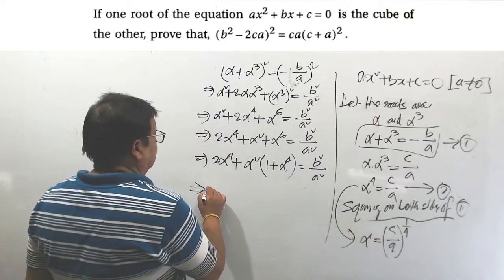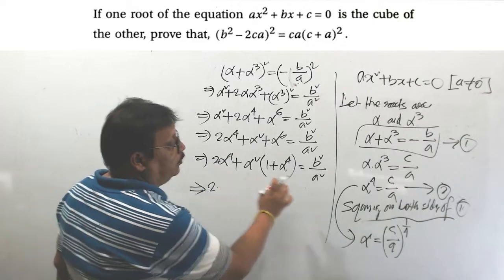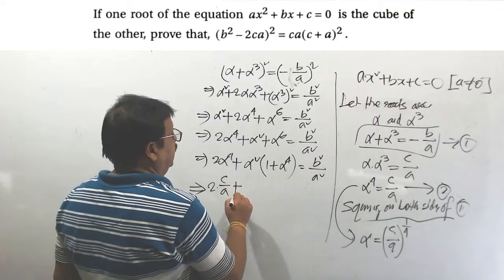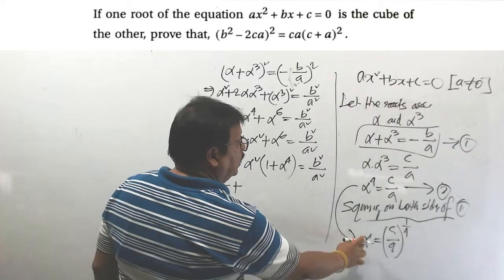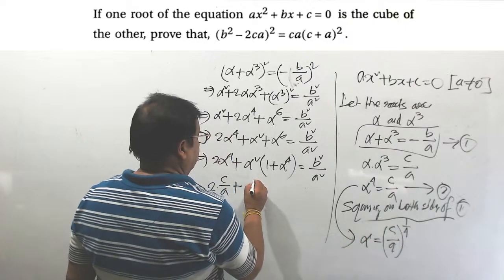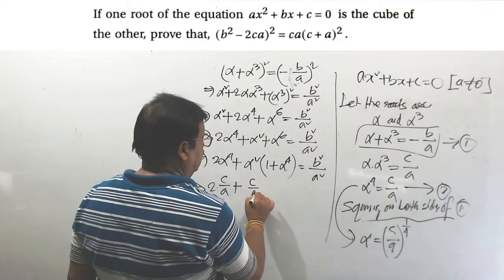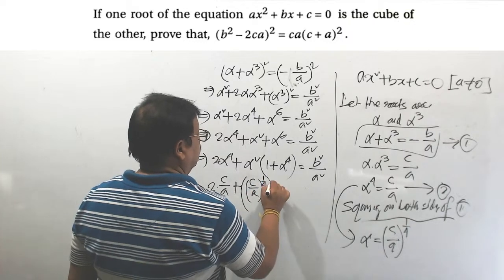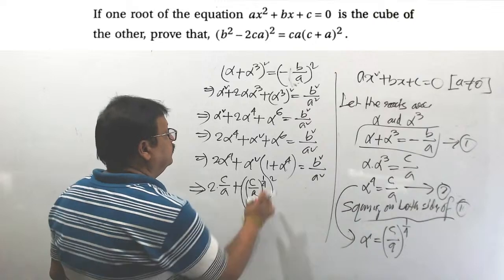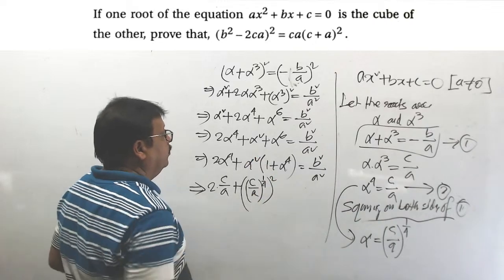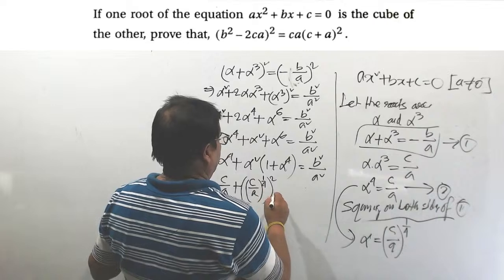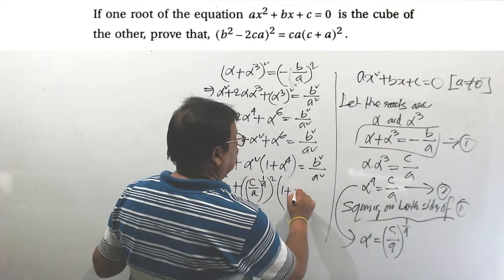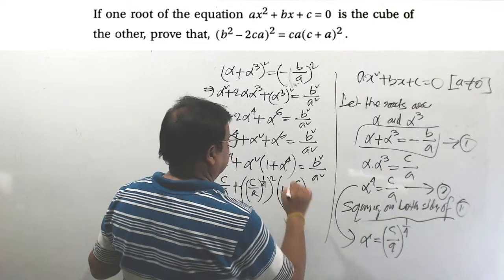So in single alpha we can put it this way. So what will be there? Alpha to the power 4 is c by a, plus alpha square. What is the alpha? c by a whole to the power 1 by 4, whole square, understood? Whole square. This into 1 plus alpha to the power 4, that is c by a.